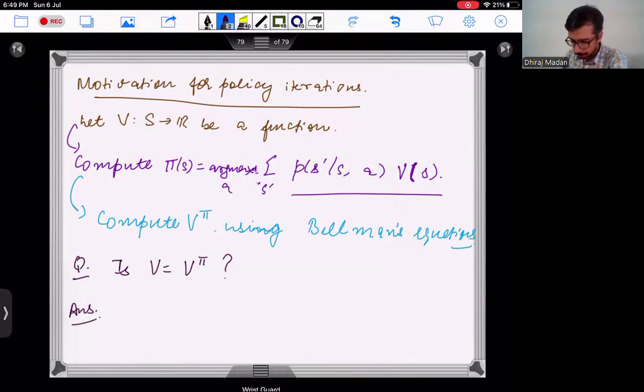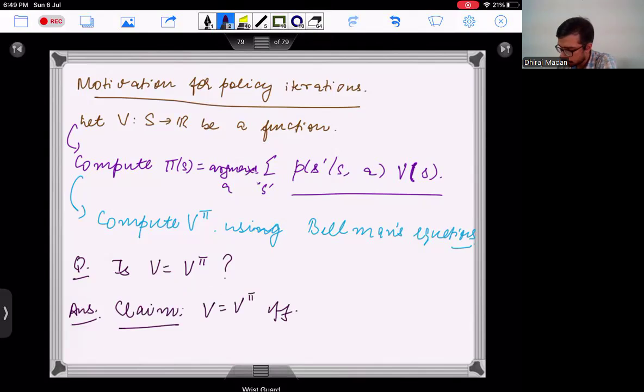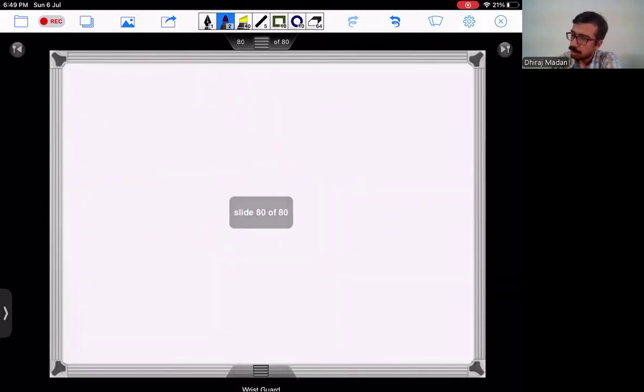So the claim is that V equals V pi if and only if V is an optimal value function.